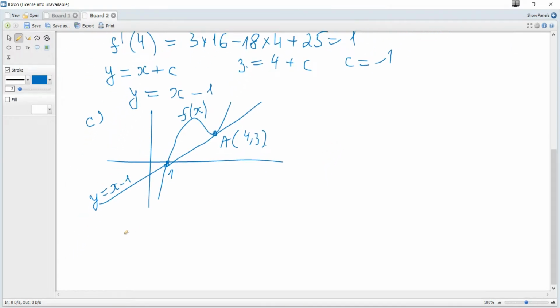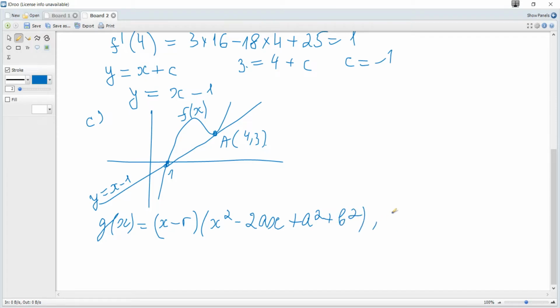The next, consider the function g(x) = (x − r)(x² − 2ax + a² + b²), x real, r, a, b real, and b positive. d(i): show that the derivative of g is 2(x − r)(x − a) + x² − 2ax + a² + b². 2 marks. So we need to find the derivative of g.